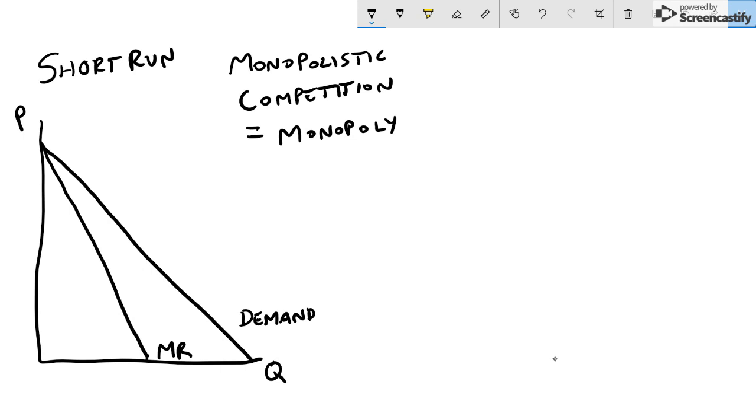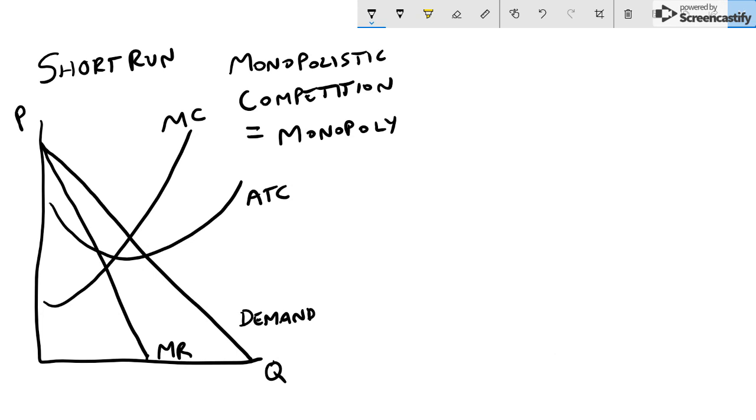So we're going to have an average total cost curve with a U shape. We're going to have a swoosh that goes through the minimum point, that is the marginal cost.